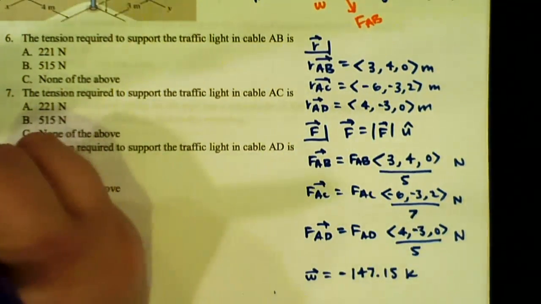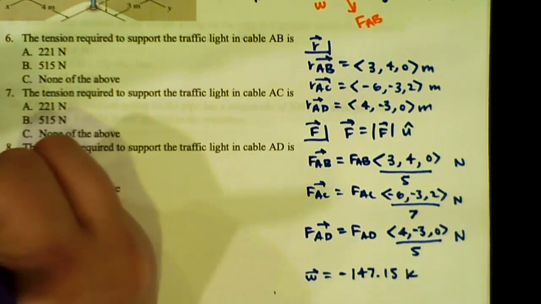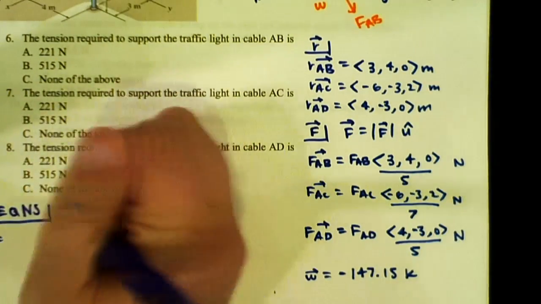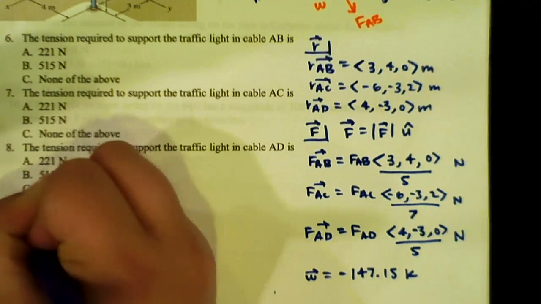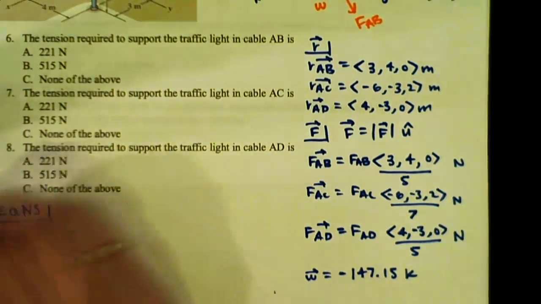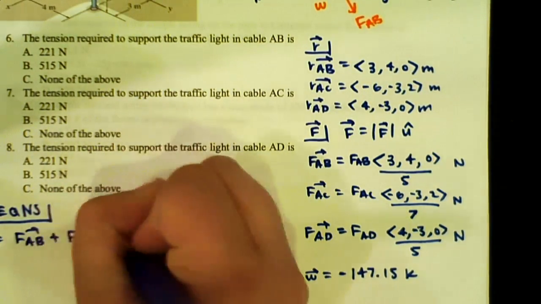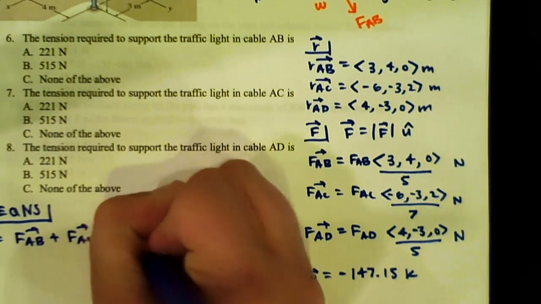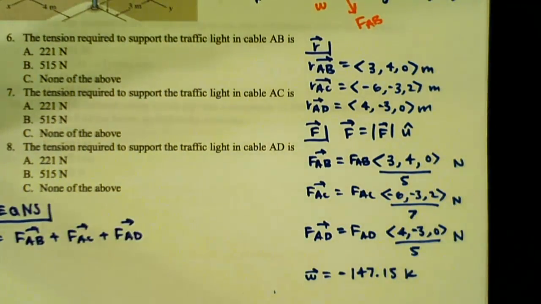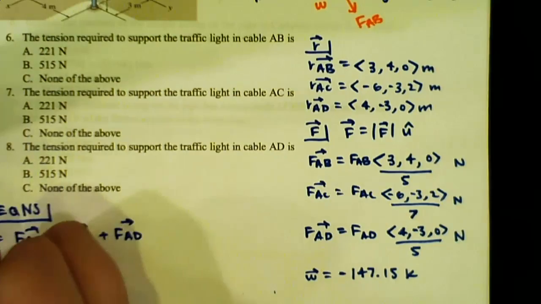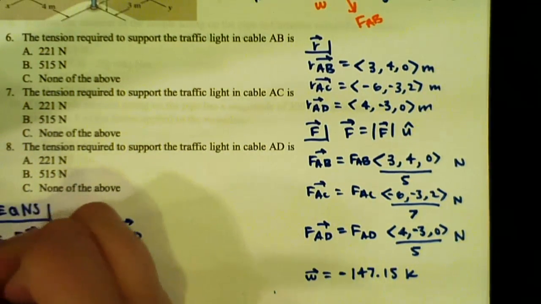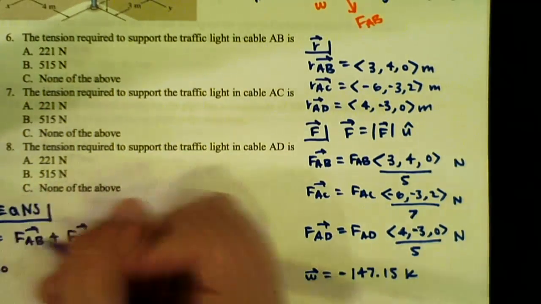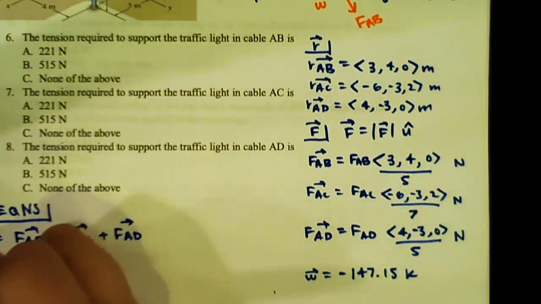Okay, so we know that the sum of all of our forces equals our FAB vector plus our FAC vector plus our FAD vector. So from there, you can just put the sum of the forces in the x all equal to 0 and do each of your i components.